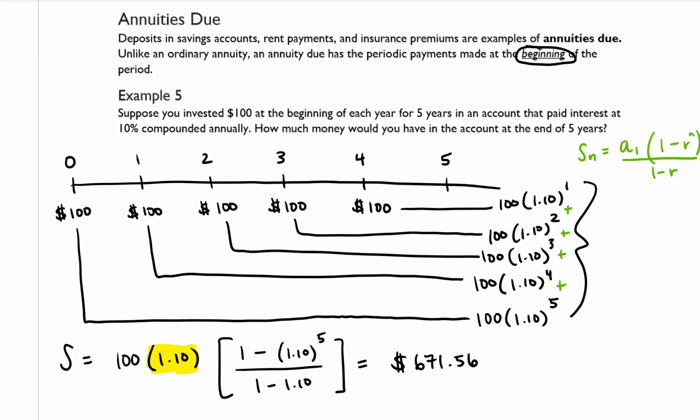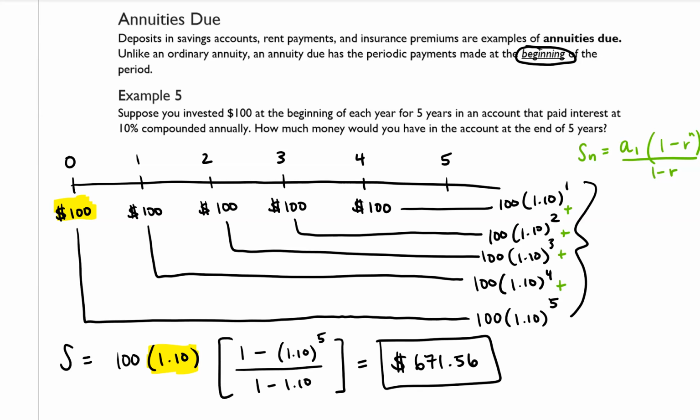So I went ahead and I threw that into my calculator, and at the end of the 5 years, we will have $671.56. Now, if you go back to that previous example, you will see that that's about $61 greater than the ordinary annuity, and that should make sense because what's happening is we're putting in money at the beginning, at the very, very beginning, and so that money has a little bit more time to gain interest.